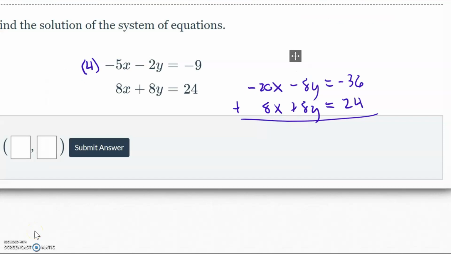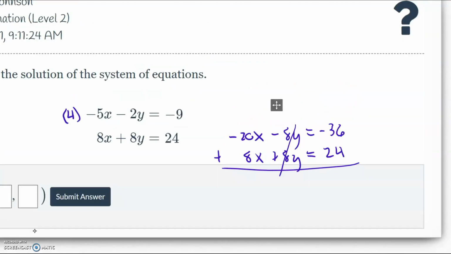All right, when I multiply the top by a 4, I get negative 20x minus 8y equals negative 36. The bottom equation does not change, and then you can go ahead and add those two equations together to continue on and solve that system. Hopefully you guys see at this point that the y's eliminate, and that'll let you keep going.